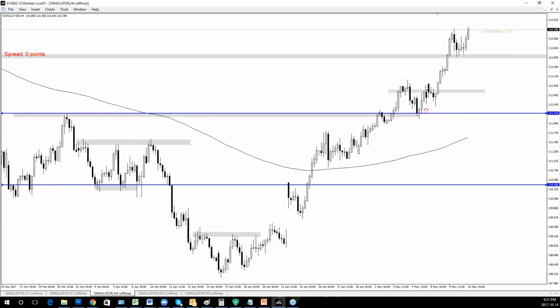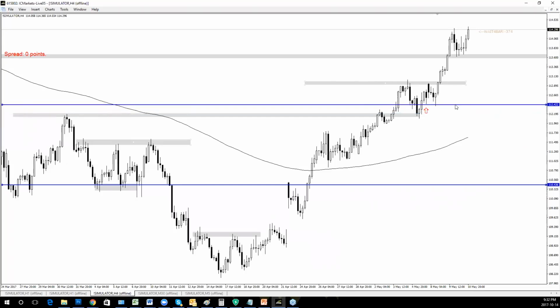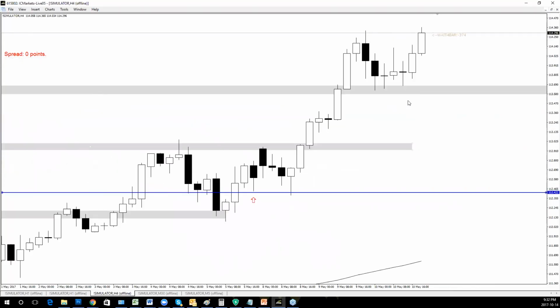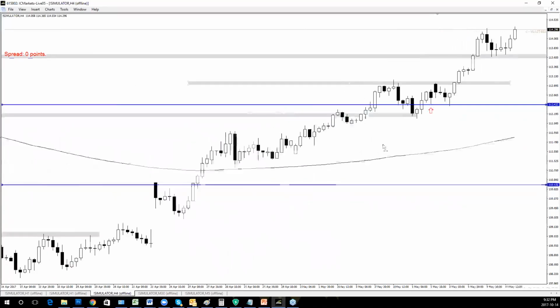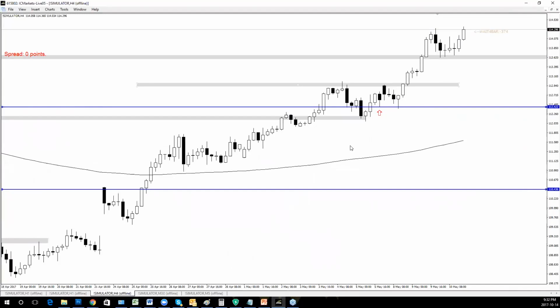And then look at this area here. You had this rejection here. When price came up here, it got rejected. And then again. Where is it? Yeah, right over here.